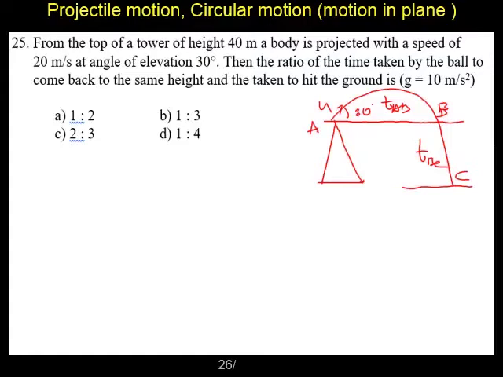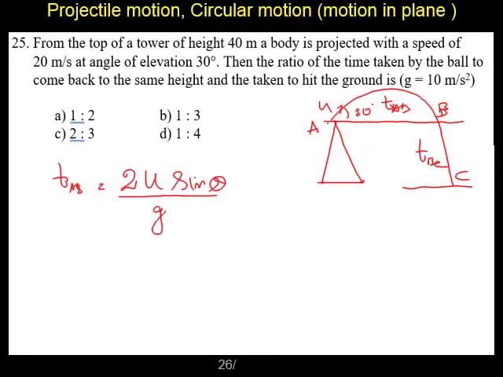From A to B, it acts as a projectile. So we can use the time of flight of the projectile to find T of AB. The time of flight formula, you know, is 2u sin theta by g.